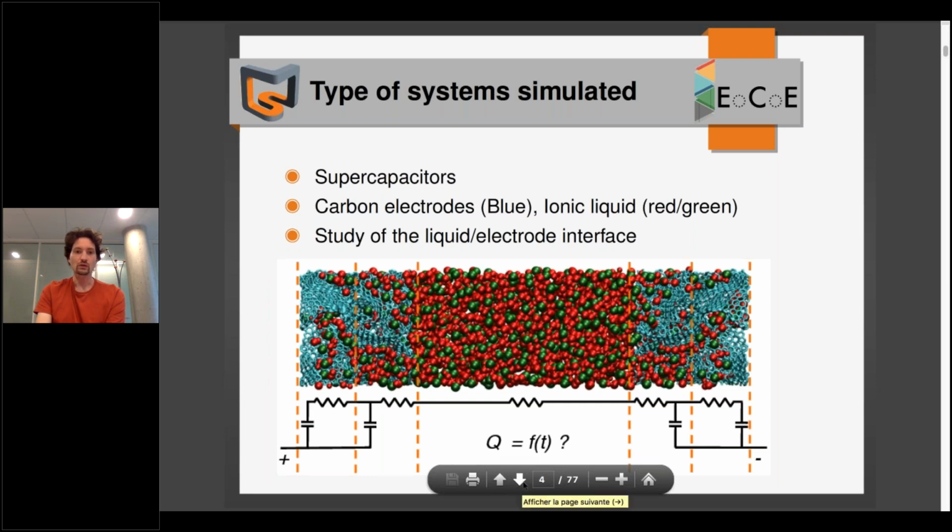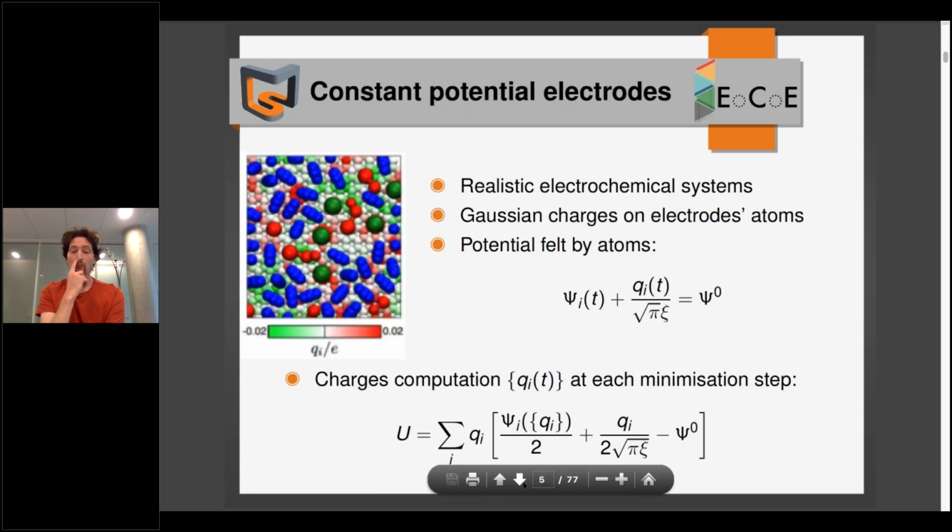The complexity here is that we want to keep a constant potential of the electrode, which is the particularity of this code. In general, in molecular dynamics, we are working with constant charge. So you fix charge once, and then it doesn't move for the whole simulation.